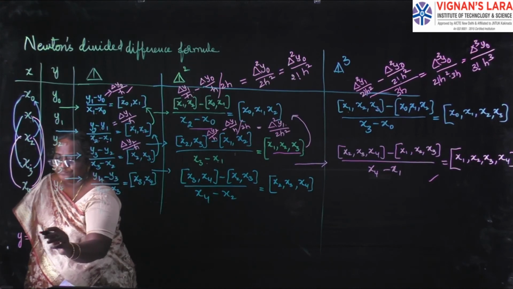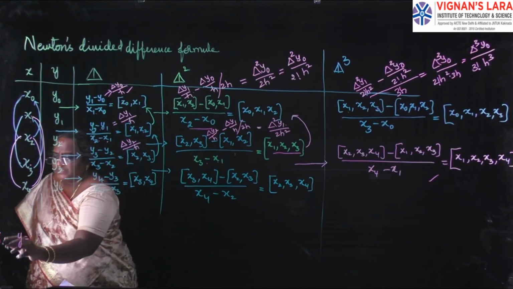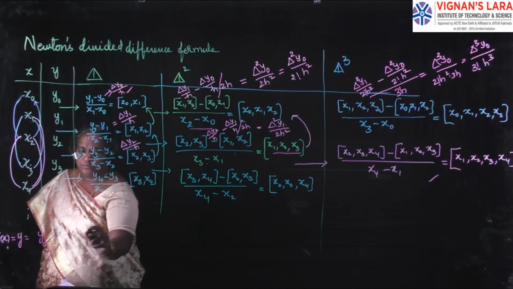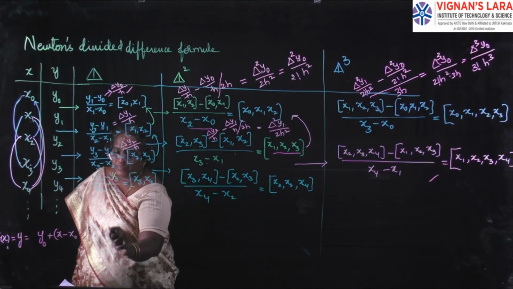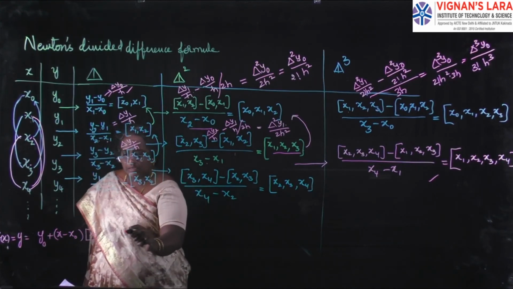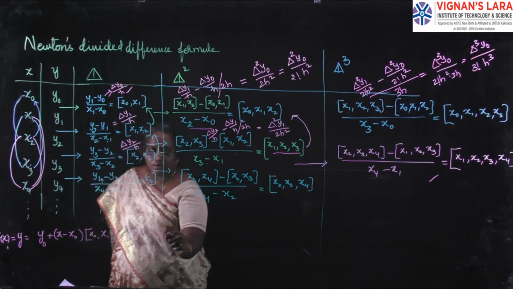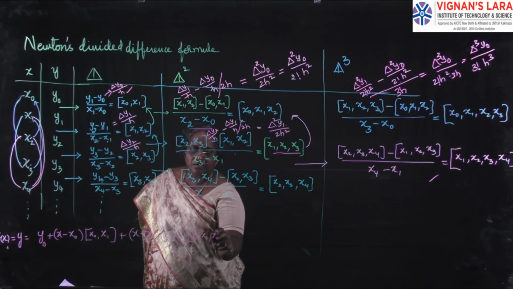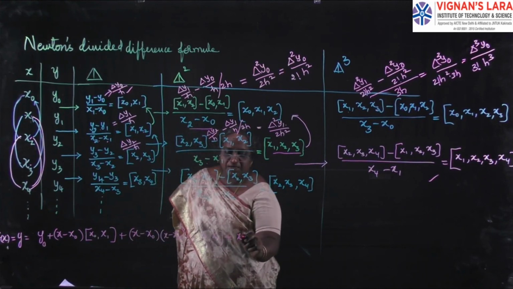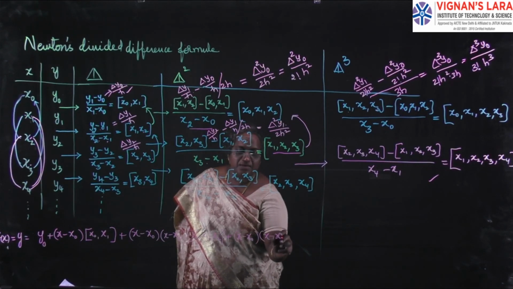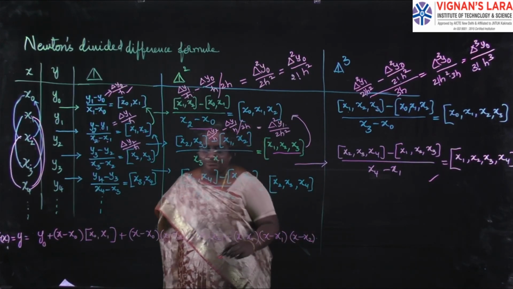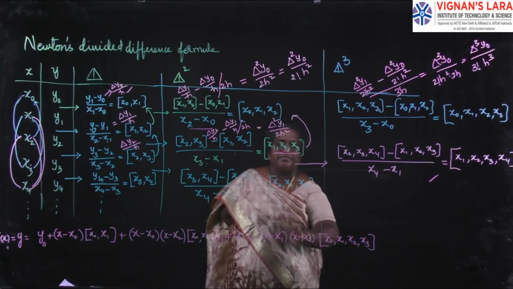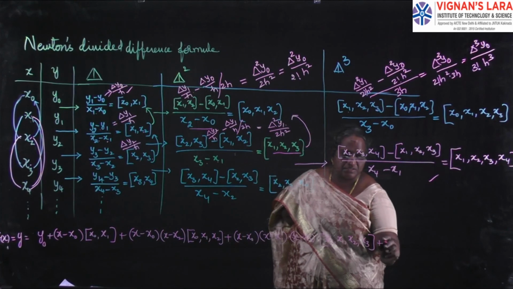You can even represent y as f of x. y is equal to f of x is equal to y0 plus x minus x0 into the first divided difference of x0, x1, plus x minus x0 into x minus x1 into the second divided difference of x0, x1, x2, plus x minus x0, x minus x1, x minus x2 into the third divided difference of x0, x1, x2 and x3, and so on.